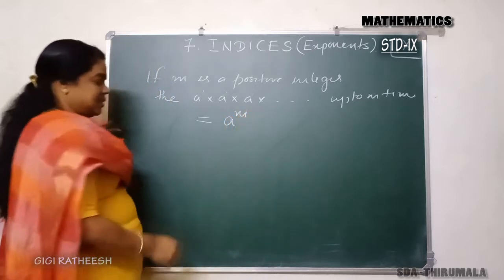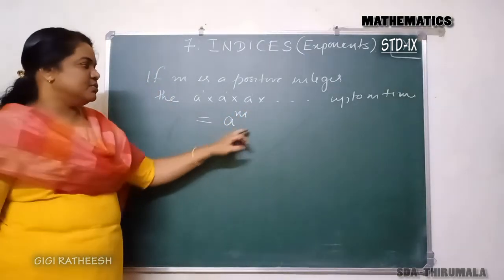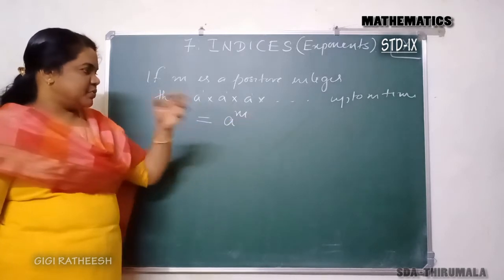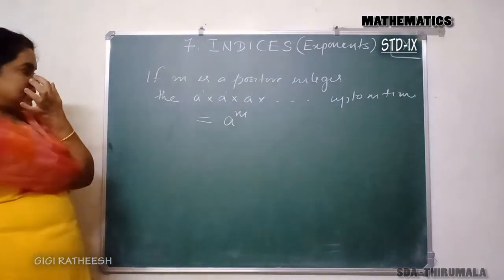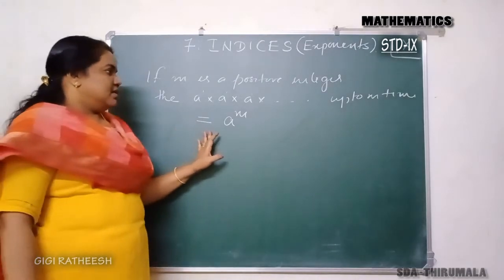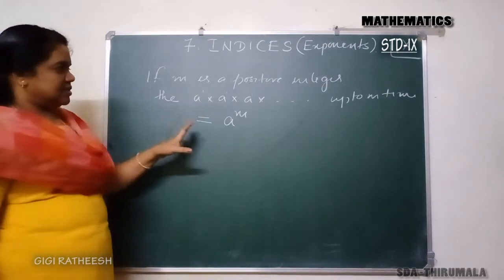Read it as a raised to m. a is the base and m is the exponent. That is a multiplied m times, and this is the definition for an exponent.